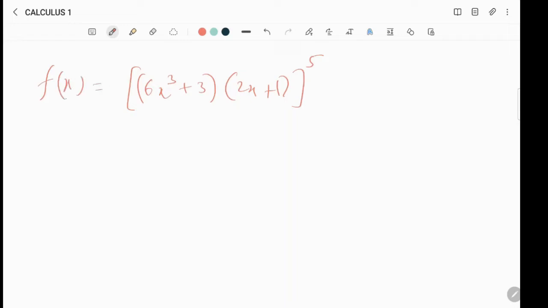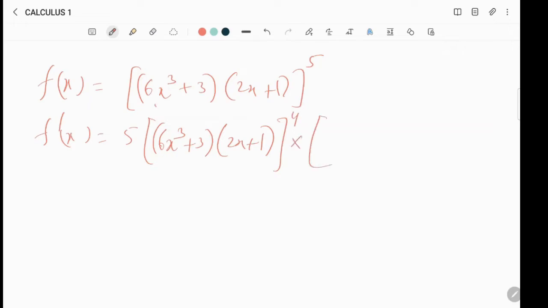This is our fx. Okay, now f dash x, directly we can write 5 times 6x cubed plus 3 bracket 2x plus 1 has power 4 because 5 minus 1. Then now we have to apply product rule. Okay, first I will write the derivative of 6x cubed plus 3 times 2x plus 1. Okay, chain rule.